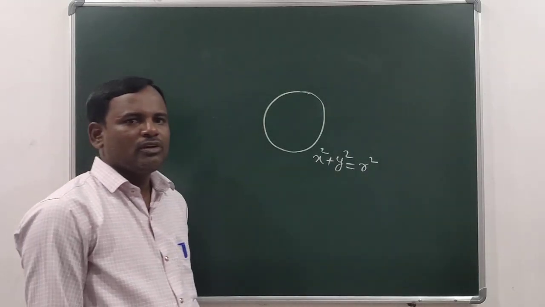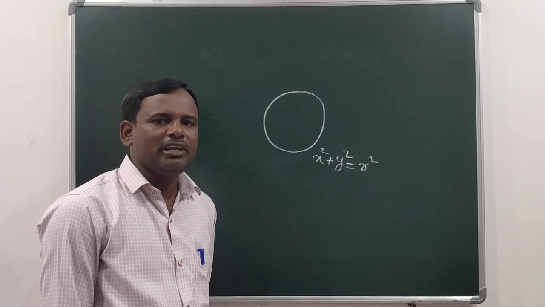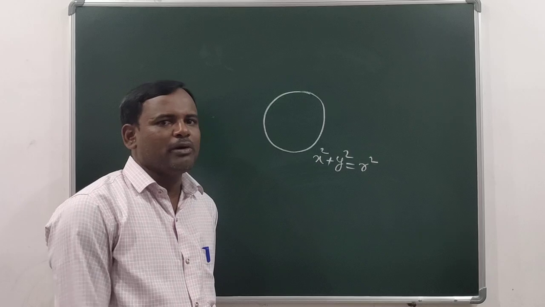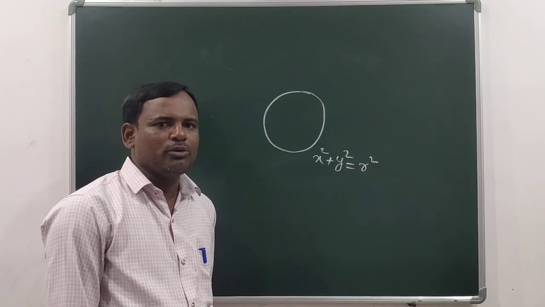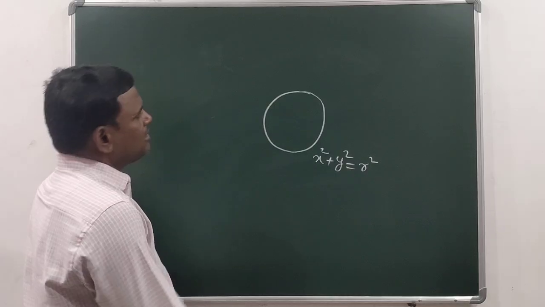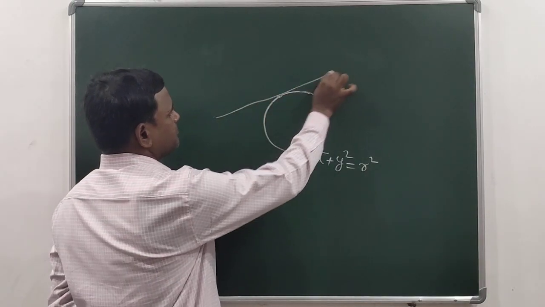You know, on the circumference of the circle there are infinitely many points. You know, at every point you people can draw a tangent. Okay, right. See, now I am drawing some tangents.